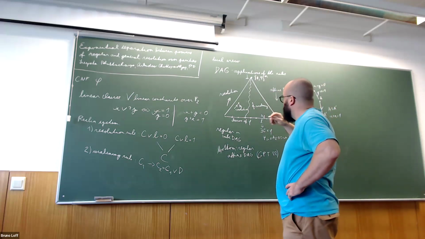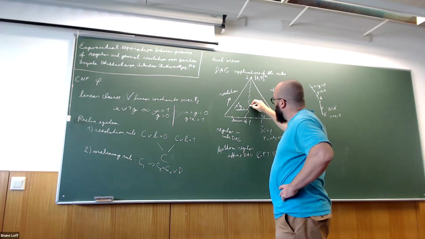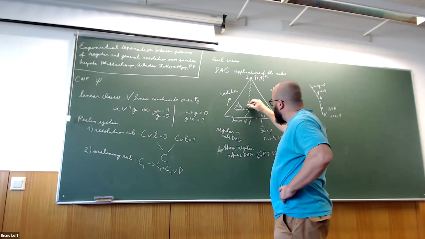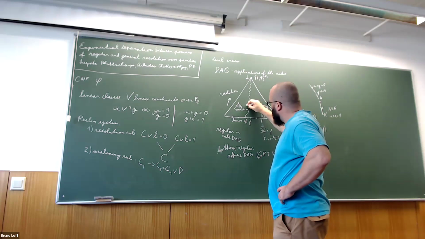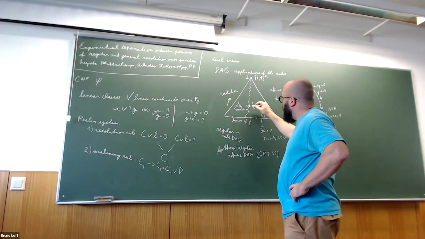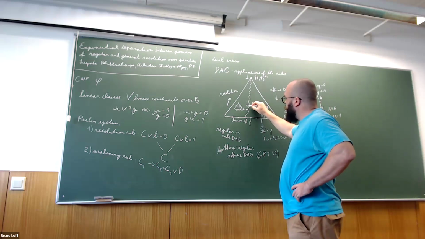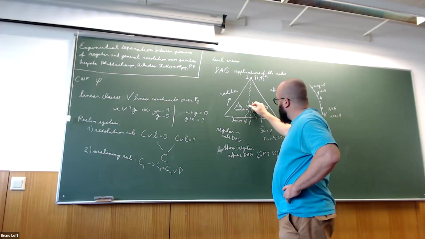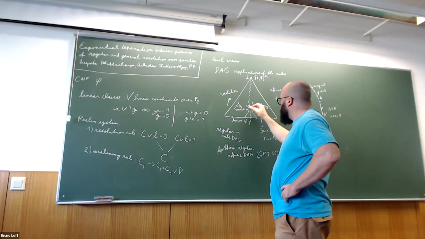Take a node in the affine deck. Let's say take node U. Look at this node and all paths, look at the subgraph.